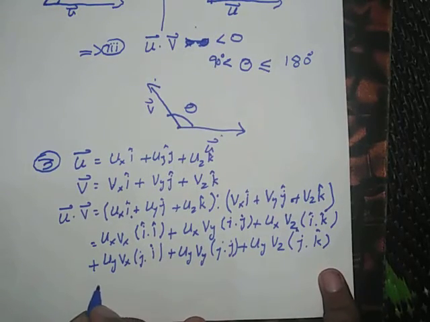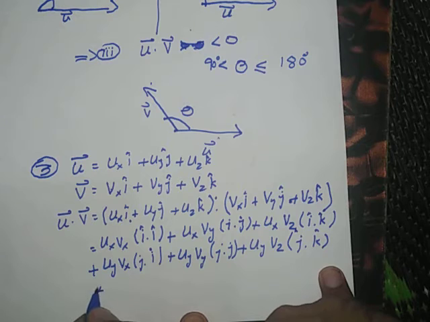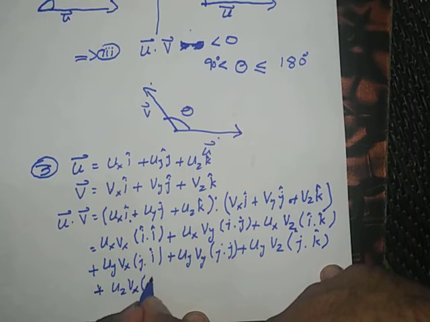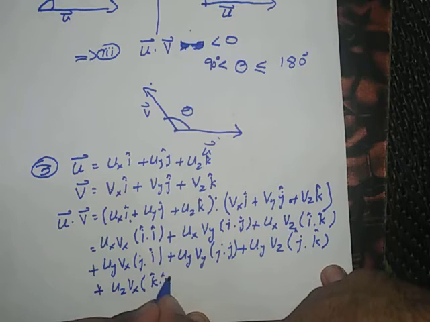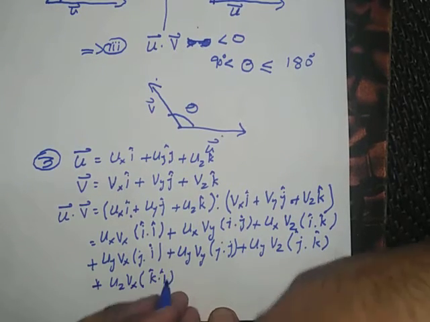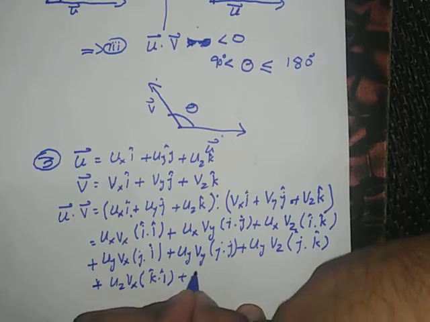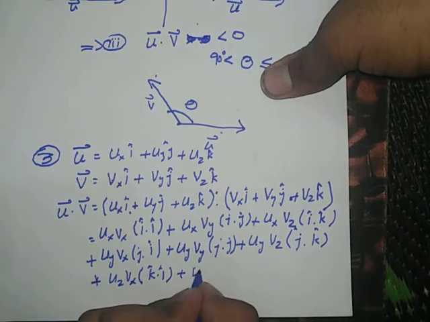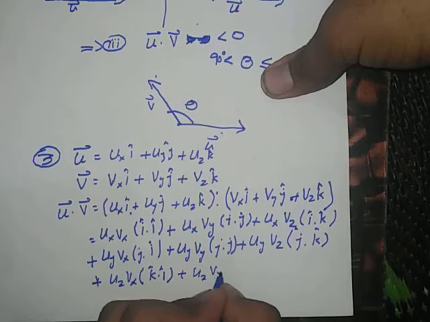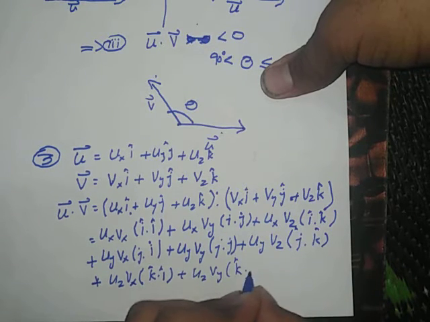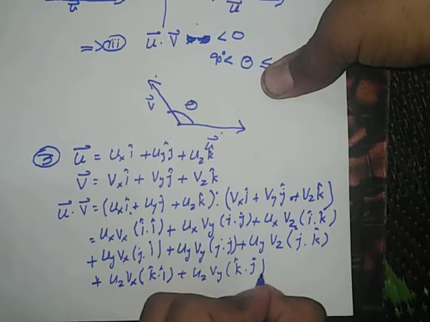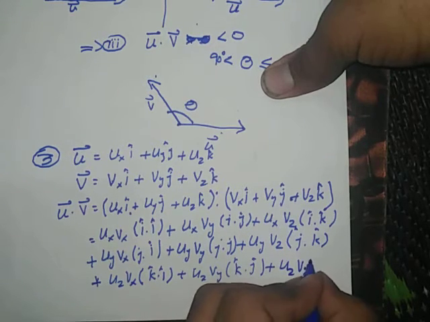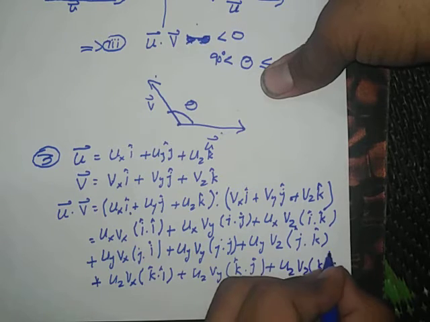Third is uz vx, k unit vector dot i unit vector, plus uz vy, k dot j unit vector, plus uz vz, k dot k unit vector.